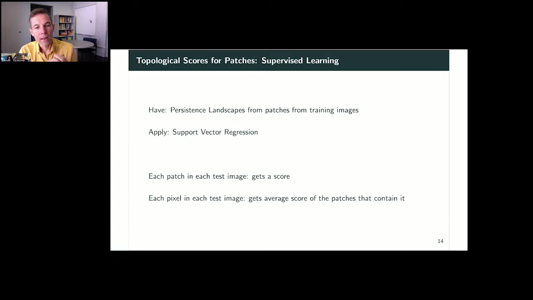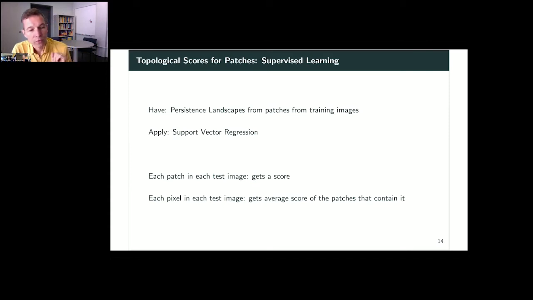And we produce a model which consists of some hyperplane together with a normal vector, and then the score that we get for some test data consists of the distance to that hyperplane scaled by the normal vector.